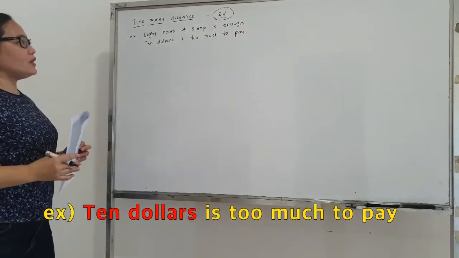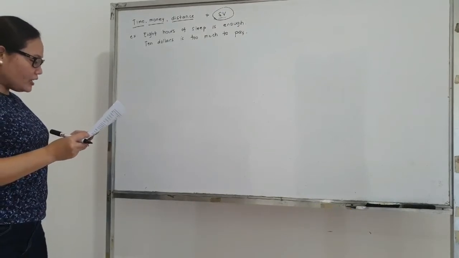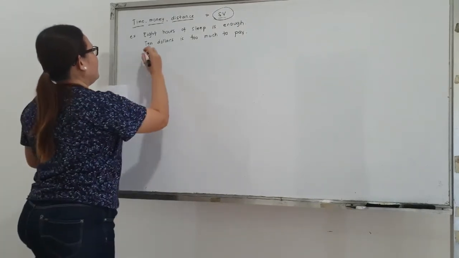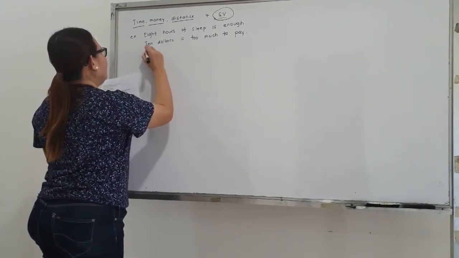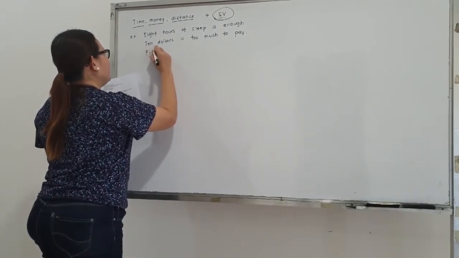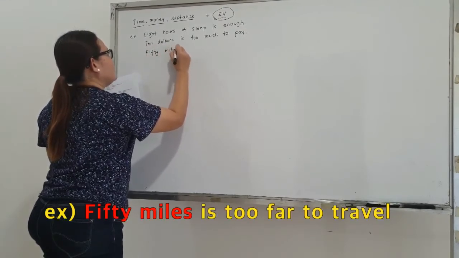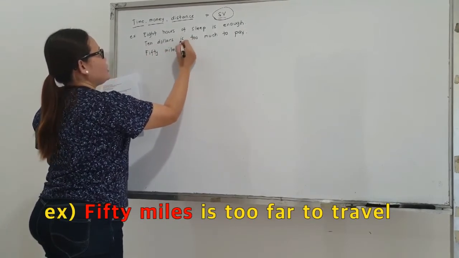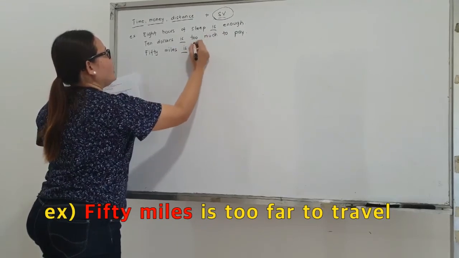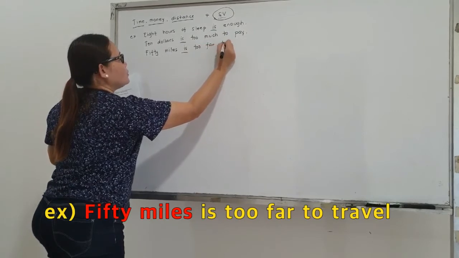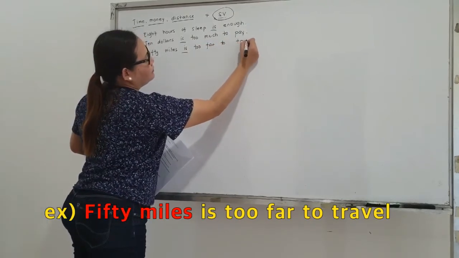And how about for distance? For distance, we can have the example: fifty miles is too far to travel.